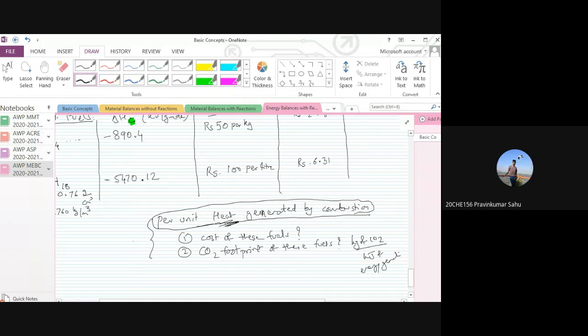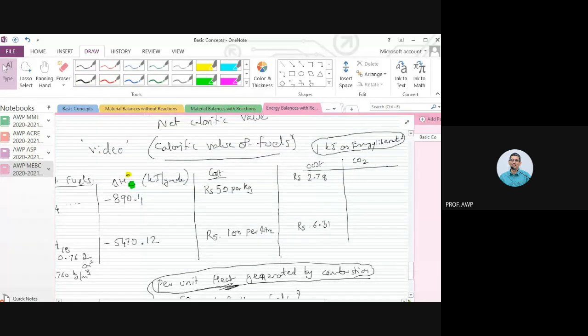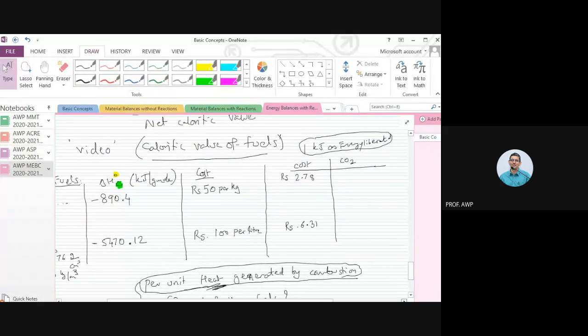Here we want to generate energy, so we are talking in terms of CO2 that is generated to get 1 unit of energy. And right now you are taking 1 unit as 1 kilojoule. Okay, fine.